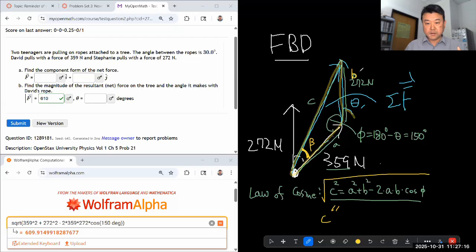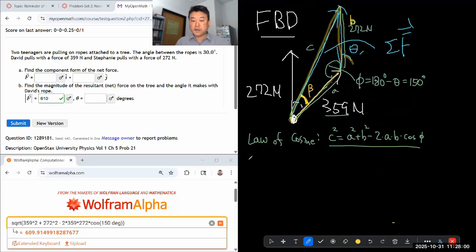Let me make some room and write it down. I guess this one is called the law of sines. It gives you a relationship between the ratios of sides. It basically says if you take the ratio of the length of a side, let's say b, and the angle opposite to it in a triangle.